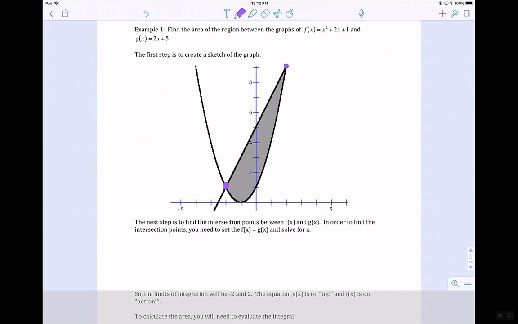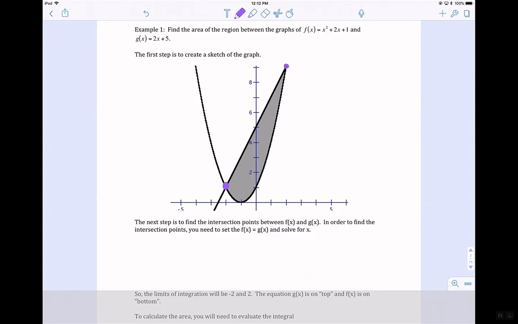You can do this with your graphing calculator, which I will show you in a second, or with paper and pencil, or with Desmos. Let's take a look.